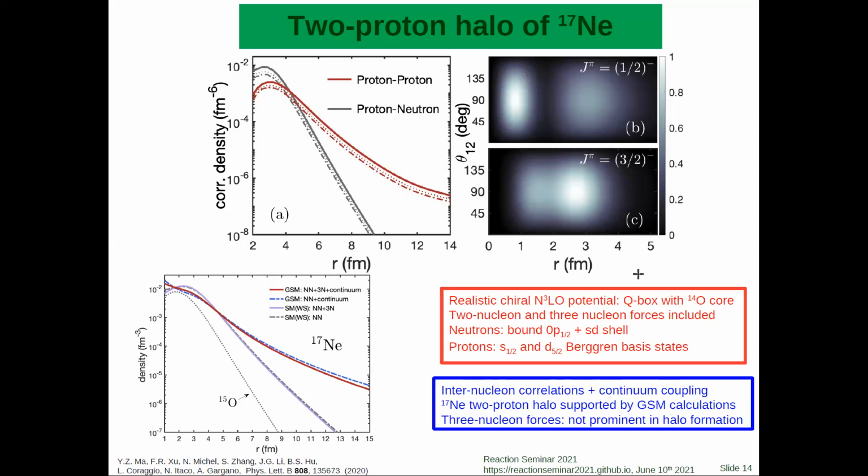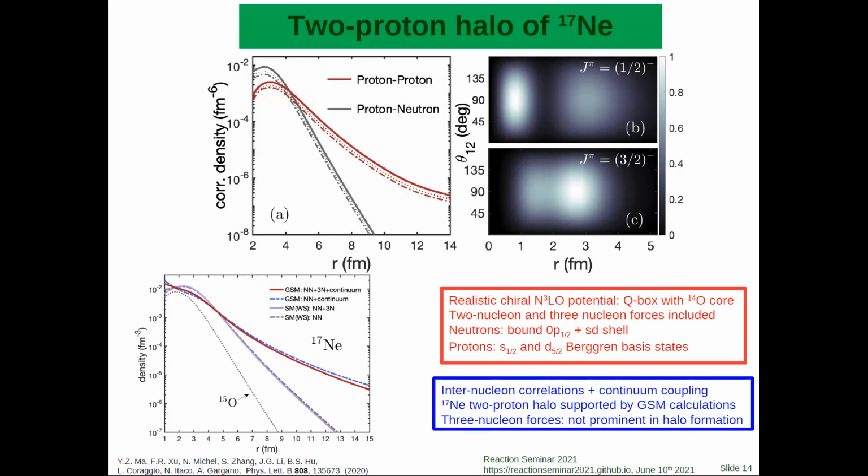And what was interesting in this model is that we could see that the three-body force does not influence the halo property of neon 17. It only changes energy. Whereas the continuum coupling is very important for this, as can be seen here. Here the calculation is done with continuum, and here without continuum.